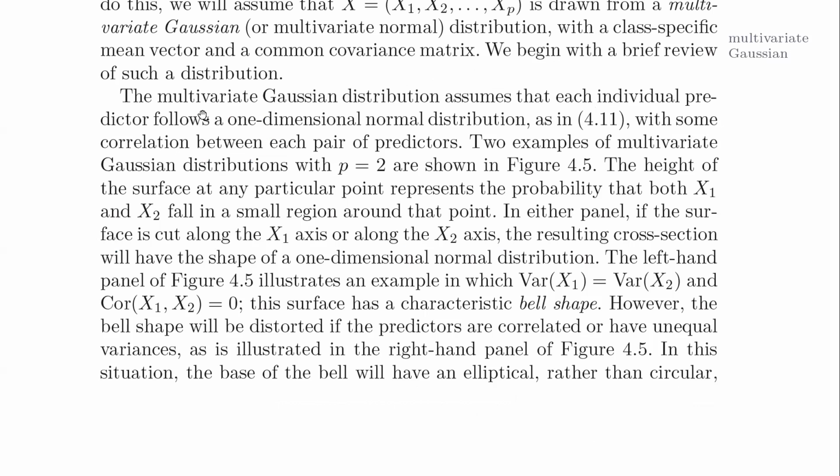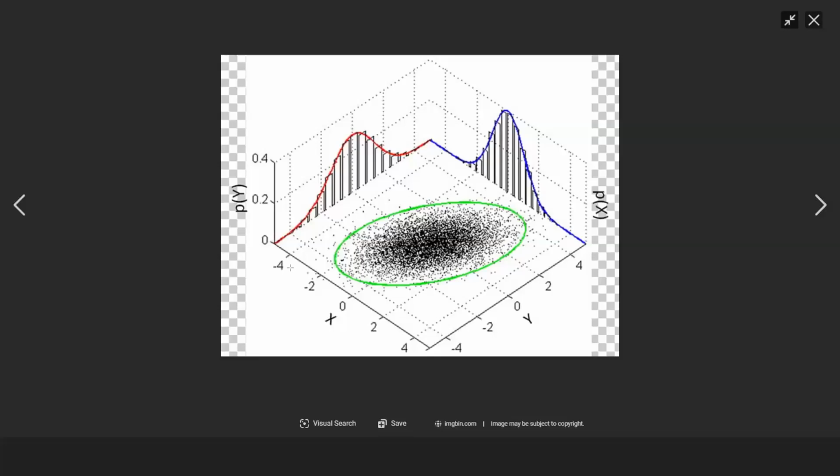Now, there's also a correlation between each pair of predictors. And the correlation is, for instance, over here, you just draw a trend line. The correlation is roughly this. See how it's elliptical, not circular? If it was circular, there would be no correlation, to my knowledge.